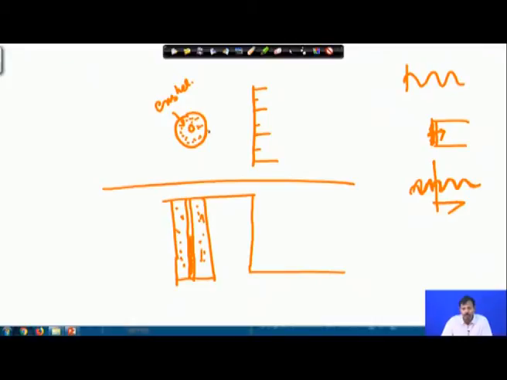So, the wave does not have that much strength to fail the rock under compression, but still it is propagating. Up to this is compressive failure, but still the wave is propagating, though it is unable to fail the rock under compression.